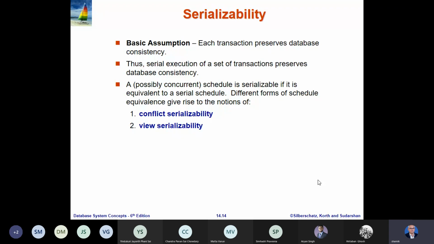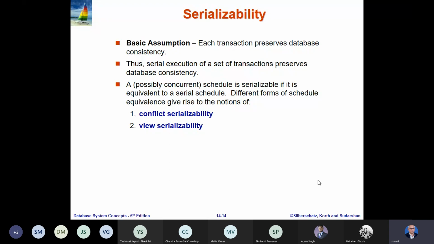So if the database management system enforces the property that only serializable schedules will get formed, then even though concurrent executions are happening, the database will still be consistent, and we are also going to have the property of isolation.